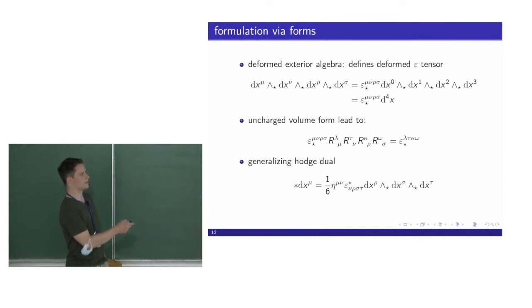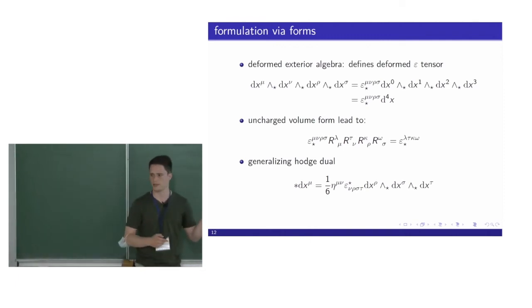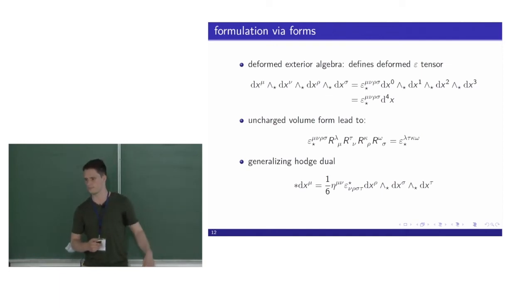For example, when you have dx0 star wedge dx1, dx2, dx3, then this is clearly 1. But when you have something like dx0 star wedge dx2 star wedge dx0 star wedge dx2, which in the undeformed case would vanish, this picks up some sign of lambda. Right, okay, so it's not totally anti-symmetric in the usual sense. Right. Okay, thanks.